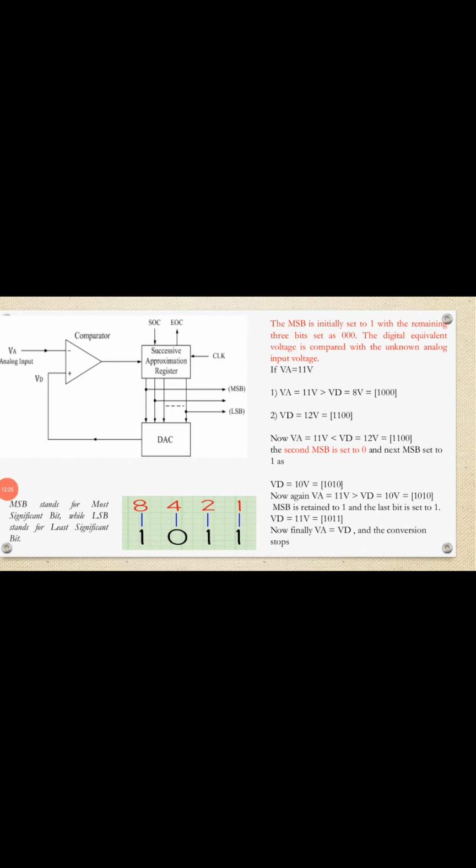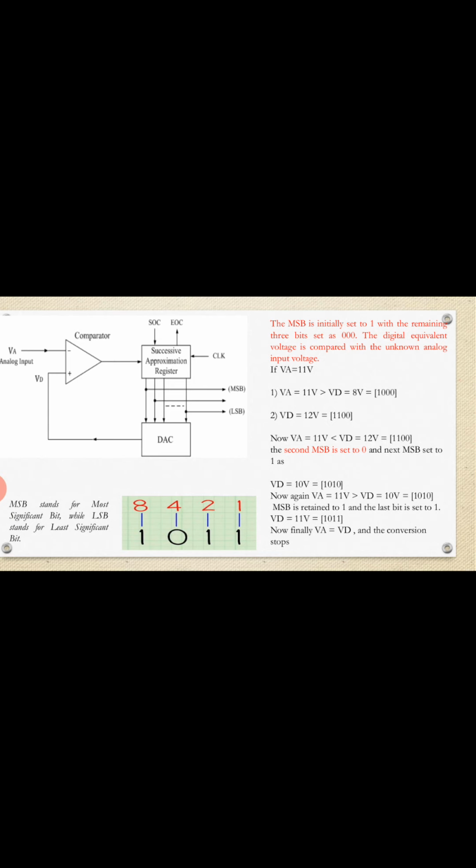If the analog voltage VA is greater than VD, then the MSB will be set to 1, and the first MSB will be kept as it is.